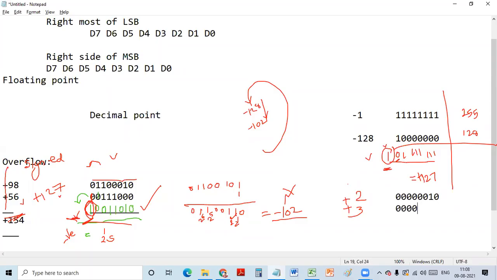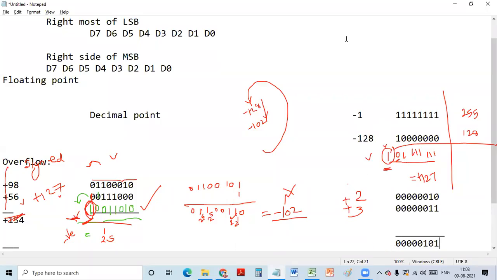Plus 3 is 0, 0, 0, 0, 0, 0, 1, 1. So I will be getting the result obviously. How much is the result? 5, plus 5: 0, 0, 0, 0, 0, 1, 0, 1.